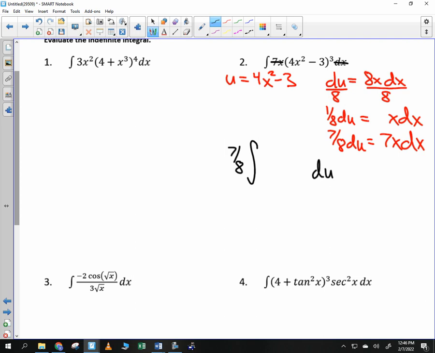There's always going to be something that remains. So like in this case, what goes in for 4x squared minus 3? U. And the thing that we still have that doesn't go away is this cube, right? So that didn't go away. So I have u cubed.